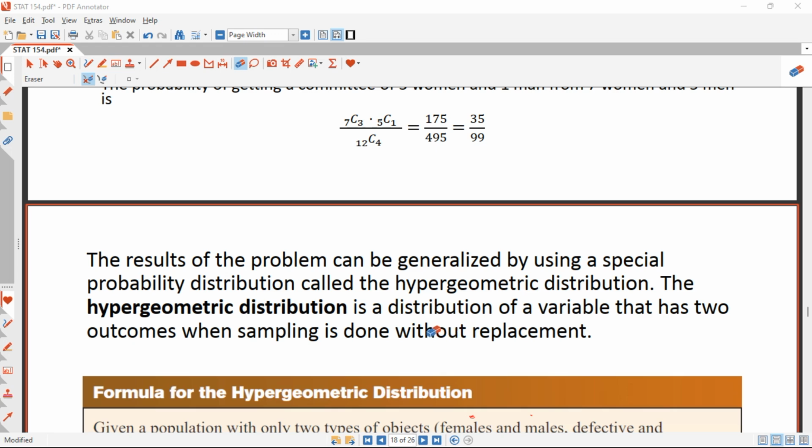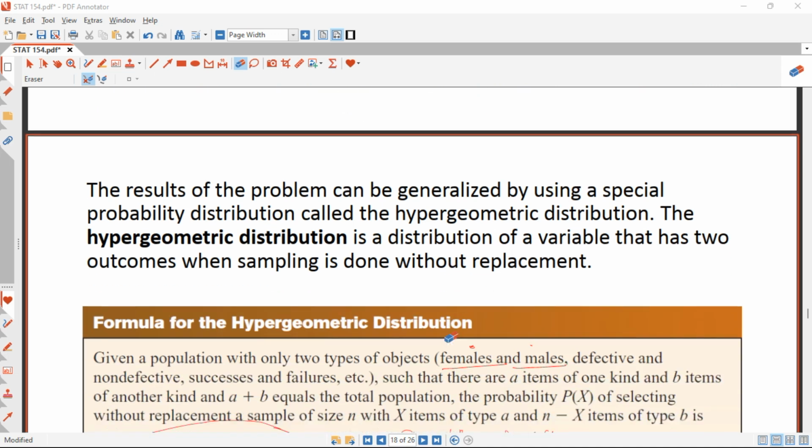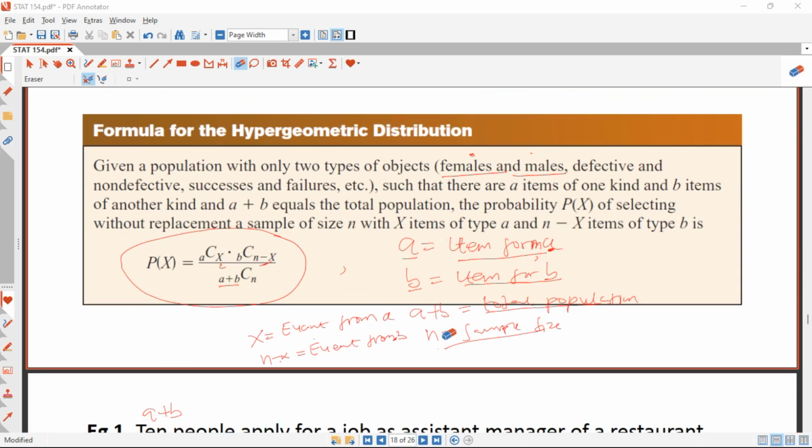As we saw, the binomial distribution also has two outcomes, but it's always done with replacement. But for the hypergeometric, it's always done without replacement. So any experiment that is given to you and is performed without replacement, then you have to think about hypergeometric distributions, right?